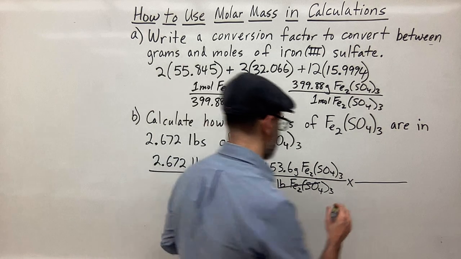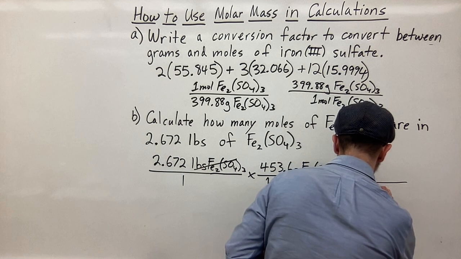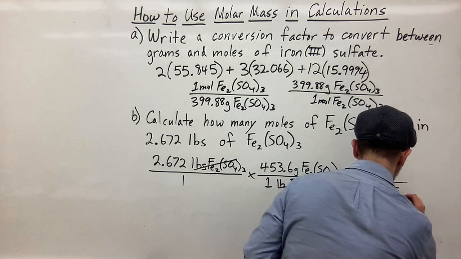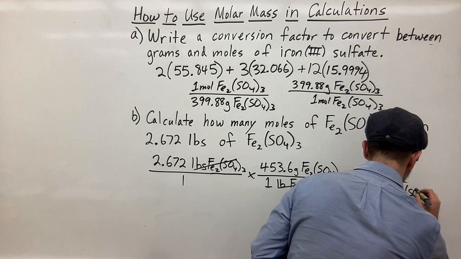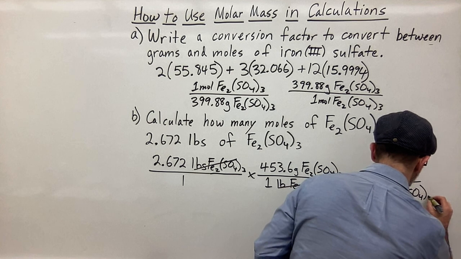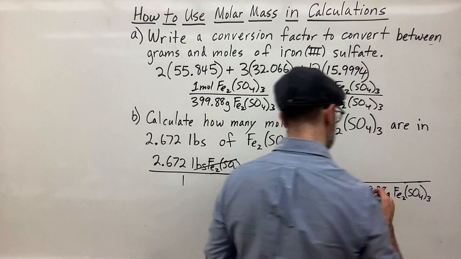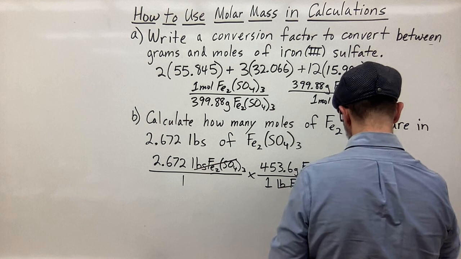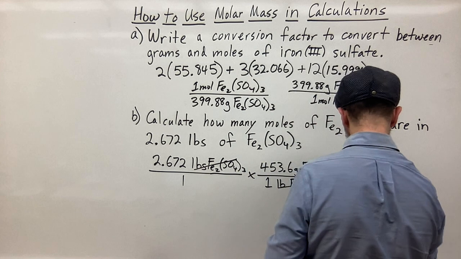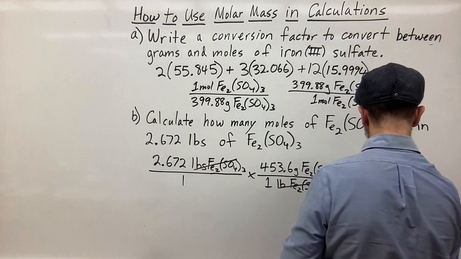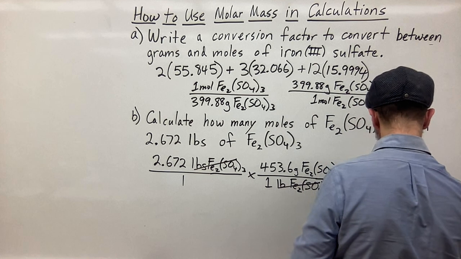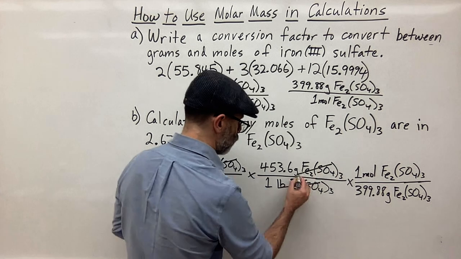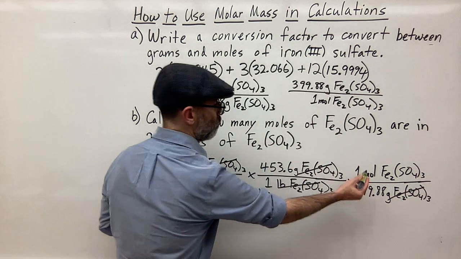So 399.88 grams of the Fe2(SO4)3 on the bottom, and that's going to be 1 mole of the Fe2(SO4)3. So now grams cancels out. I have moles.